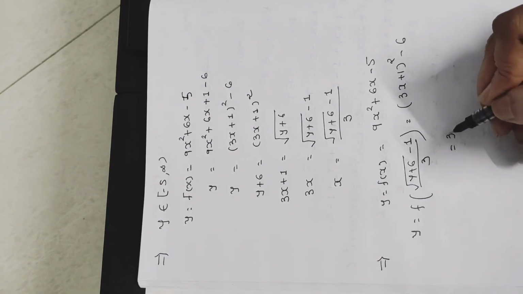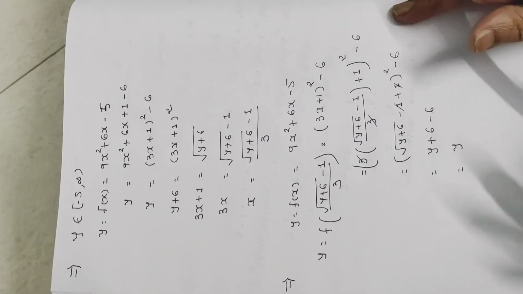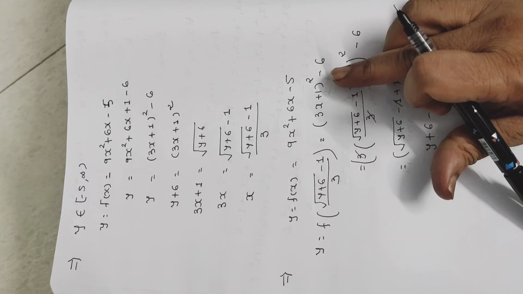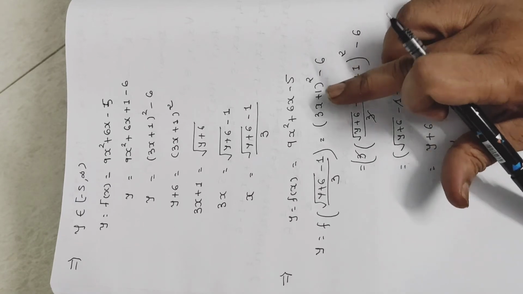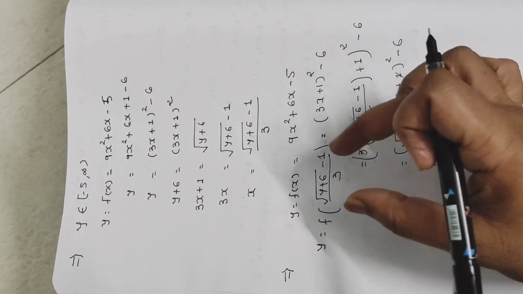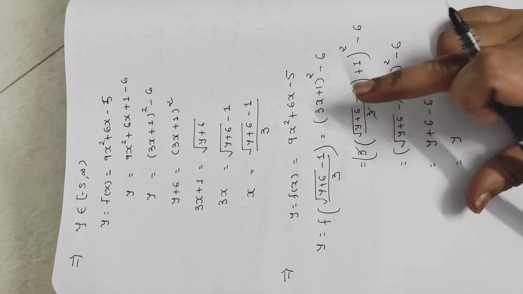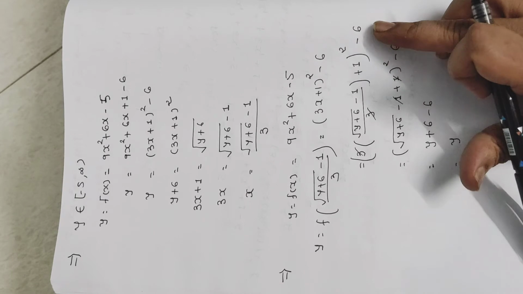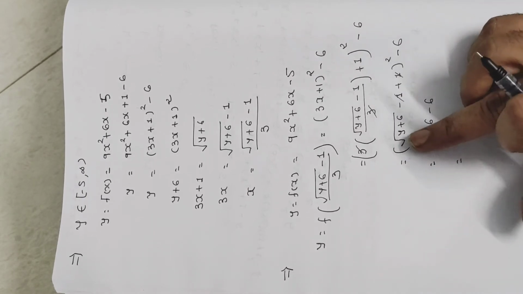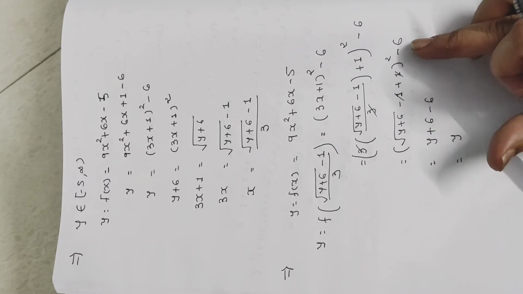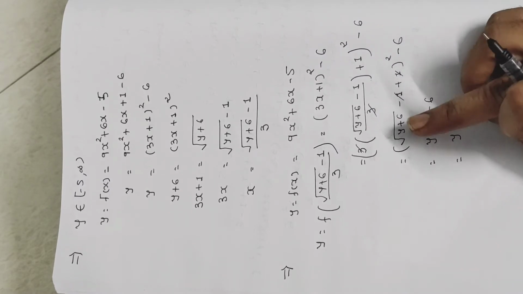So 9x square plus 6x minus 5 is equal to 3x plus 1 whole square minus 6. Now these value I have put in place of x. So 3 in place of x is this plus 1 whole square minus 6. 3 cancel. So y under root y plus 6 minus 1 plus 1 whole square minus 6. 1 cancel.